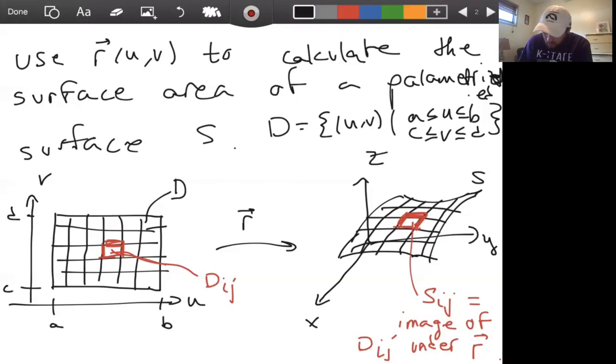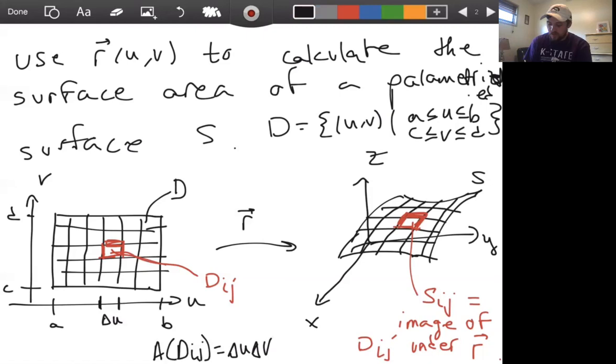We'll notice that the area of these Dij's is going to be delta U, delta V, where delta U is the distance between two pieces of our partition.